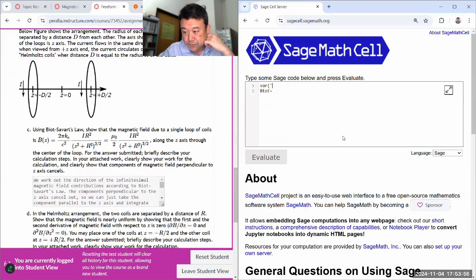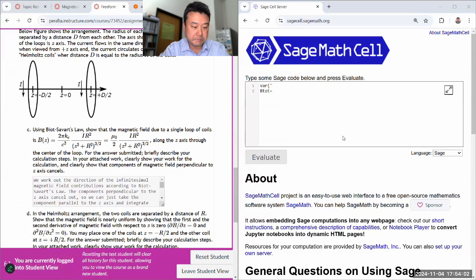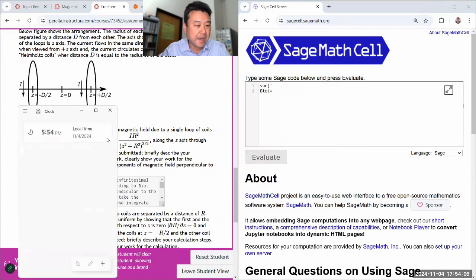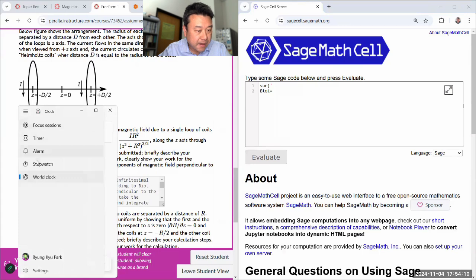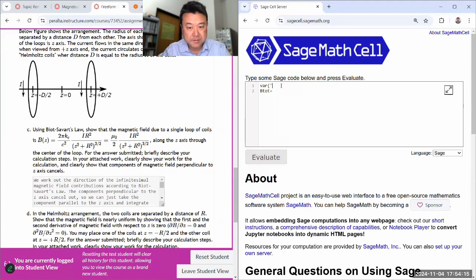Let me time myself doing this. Now I'm doing it this way now because now there's no time limit. But like if I were doing this in a hurry, I might not actually use SageMath because it's actually more time consuming.